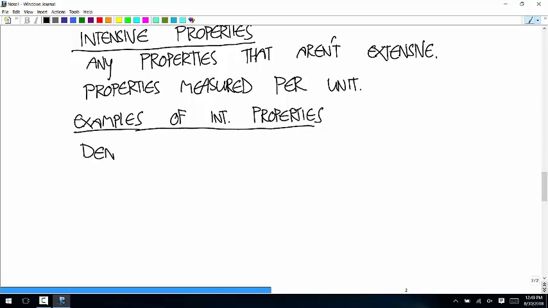Density is represented by the lowercase Greek letter rho, like a sort of scripty p. Anyone remember what the SI units of density are? Yeah, mass over volume, so kilograms per cubic meter.